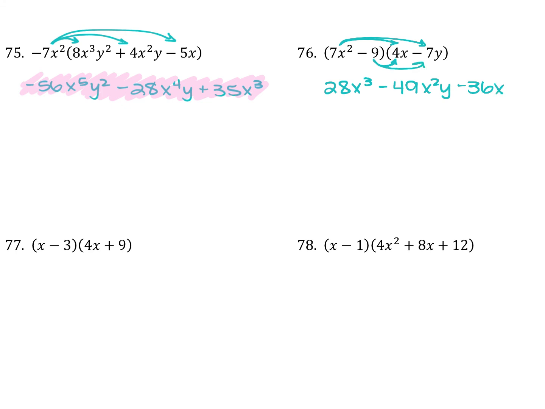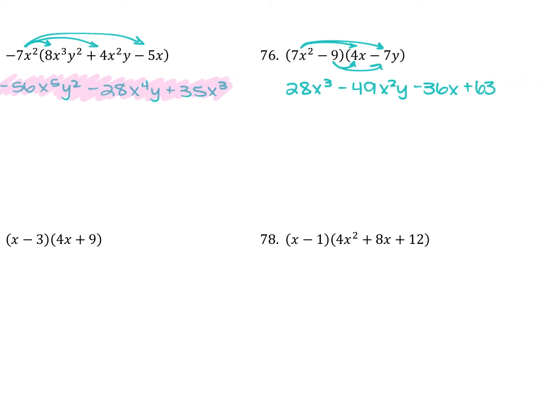And negative 9 times negative 7y is a positive 63y. So just 28x cubed minus 49x squared y minus 36x plus 63y. You don't have any like terms with this, which is why you leave it like this. If you did have like terms, you would just combine them.